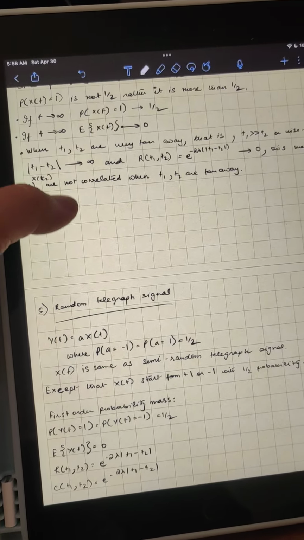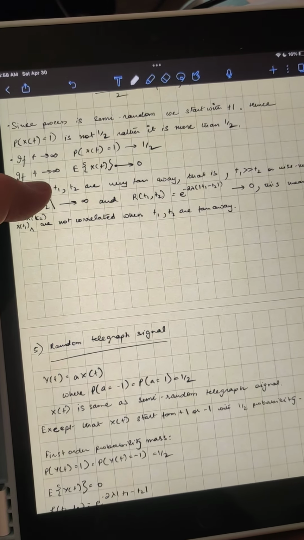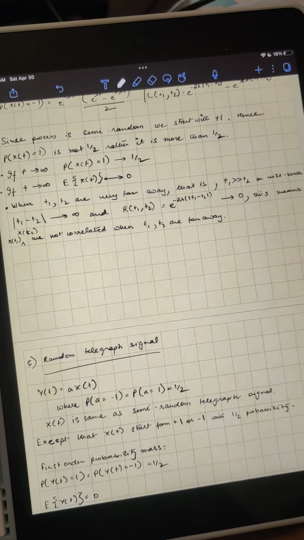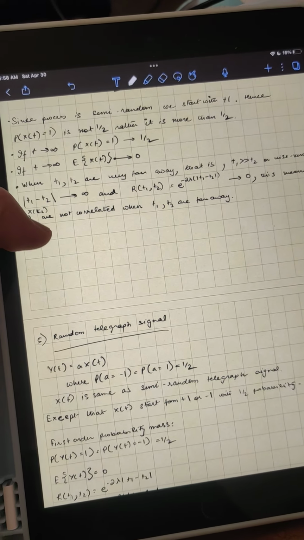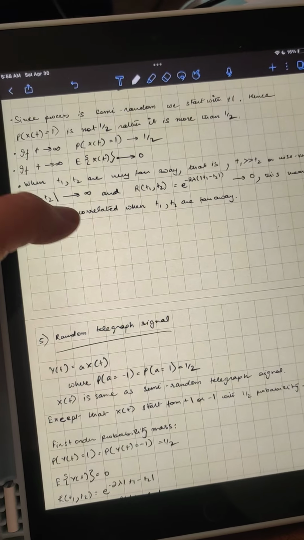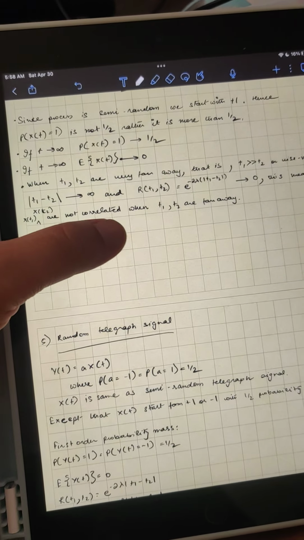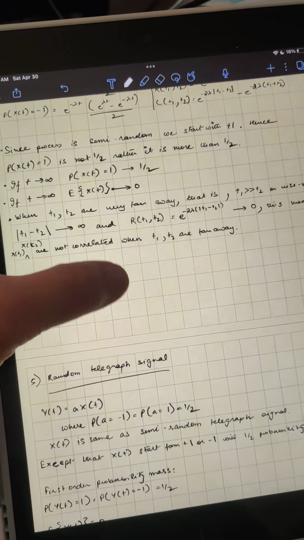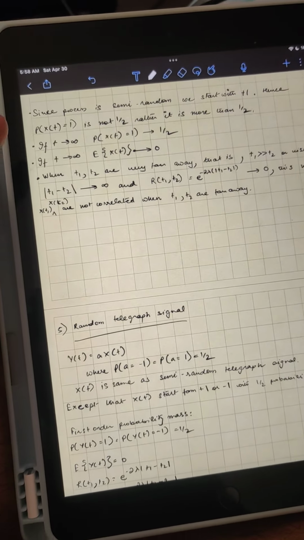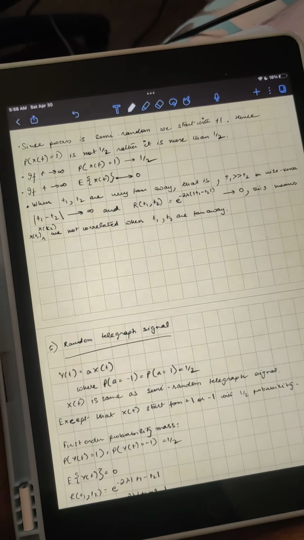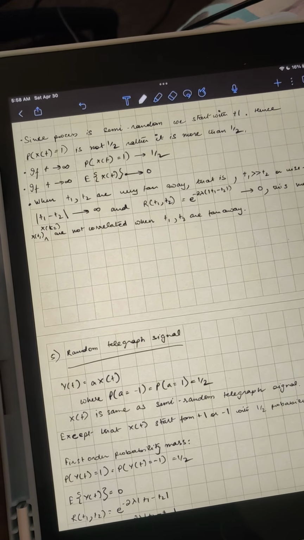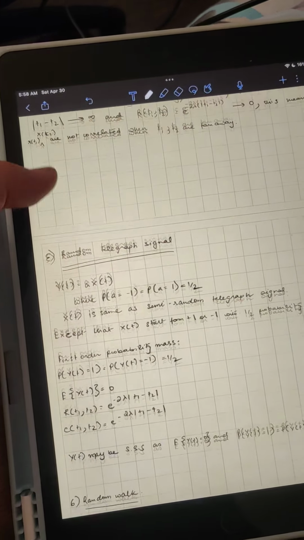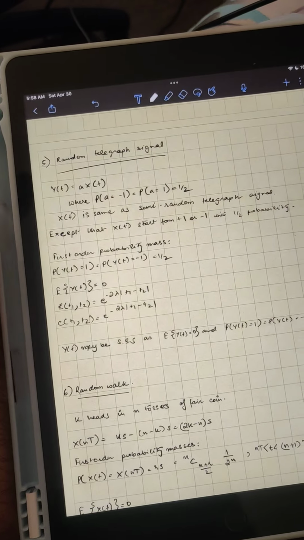When t1 t2 are very far away, that is t1 minus t2 tends to infinity, then the autocorrelation tends to 0. This makes sense because this means that t1, t2 are very far away and xt1 and xt2 are not correlated.